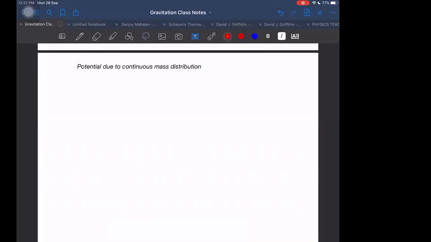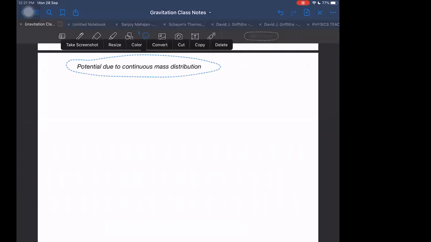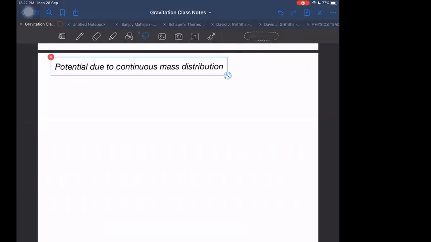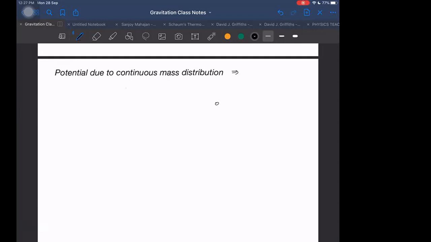I will follow one rule here to find potential. First of all, let me write the formula, then I will tell you the rule. The formula we have for potential, V is equal to... If somebody gives me the potential due to one particle, the second particle, the third particle, the fourth, fifth, sixth, seventh particle at this point, then can I find the net potential at a point P due to individual particles M1, M2, etc.? It is given, and V at P will be equal to sigma V_Pi.